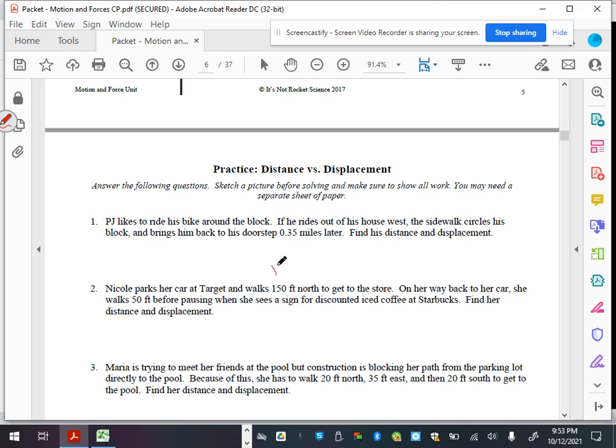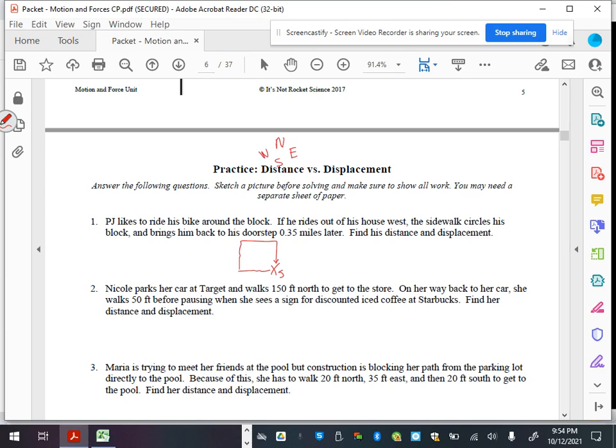Okay, so here is my starting spot, XS. West is this way, so I'm going to make my drawing go this way. Then it says he goes and circles the block. Now, it doesn't mean like a circle, but it does mean that he just goes around the block like this.